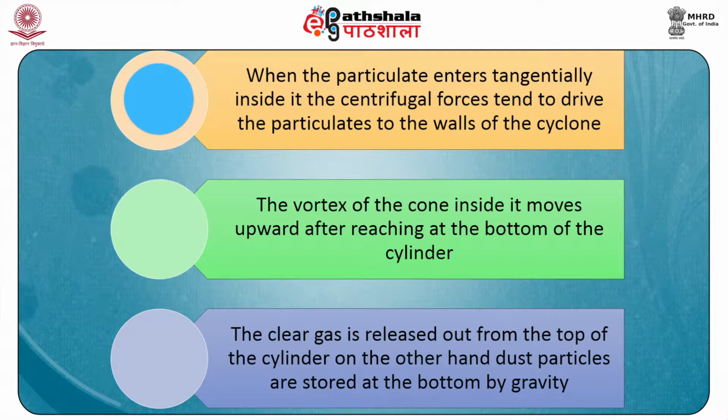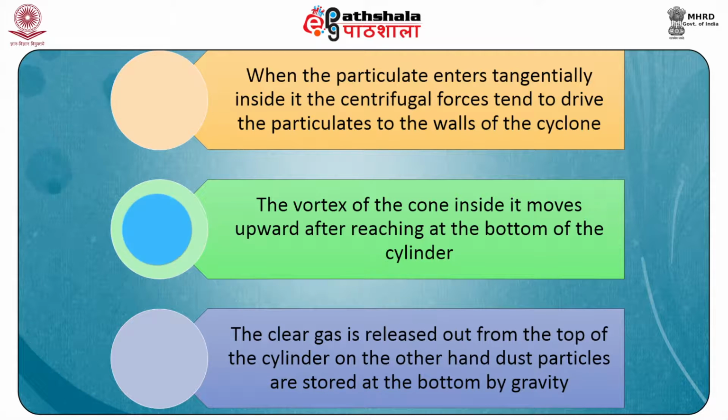When the particulates enter tangentially inside, the centrifugal forces tend to drive the particulates to the wall of the cyclone. The vortex inside it moves upward after reaching the bottom of the cone. The clear gas is released out from the top of the cylinder. On the other hand, dust particles are stored at the bottom by gravity.